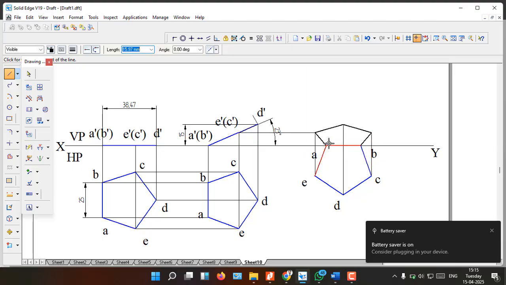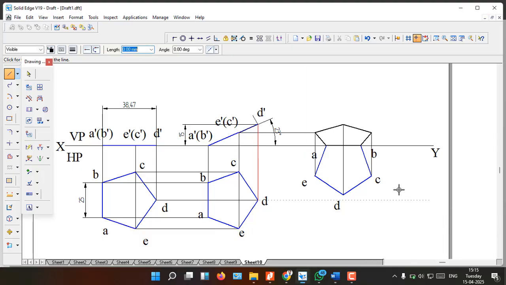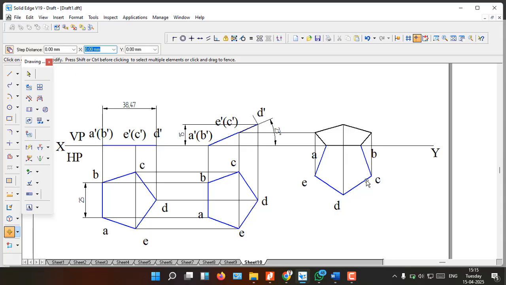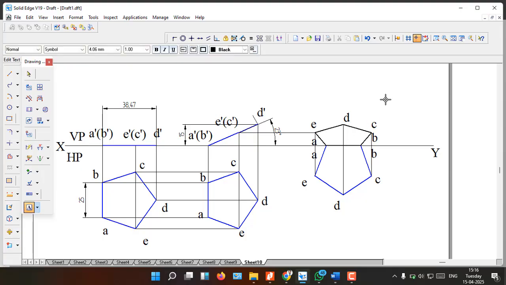And anyhow, already we have a line here which is situated. Okay, now let's go to the move command. A is here only, B is here only, and C will be here, D will be here, and E will be here. Now let's go to the text, put a dash.